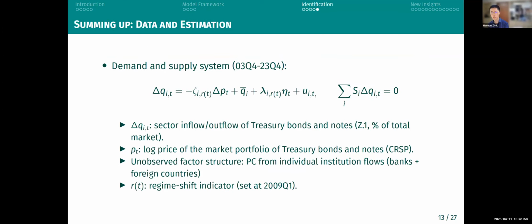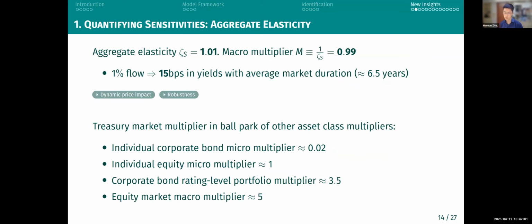All right, let me very quickly go through some of the main results. One is to quantify the aggregate elasticity, which is on the order of 1. Translated to yield terms, if you throw $100 billion into the market, it results in a 15 basis point compression of yields, with an average market duration of, let's say, 6.5 years.